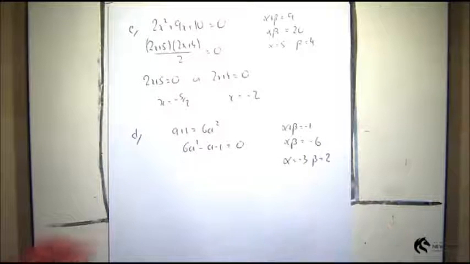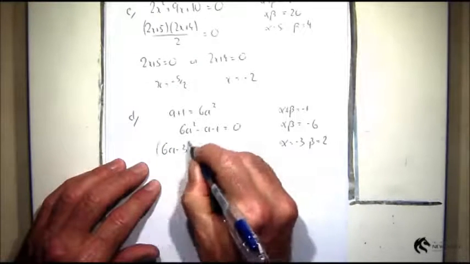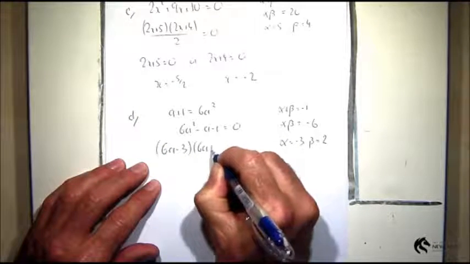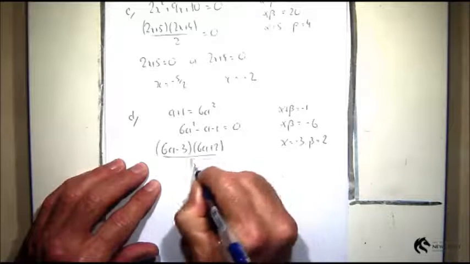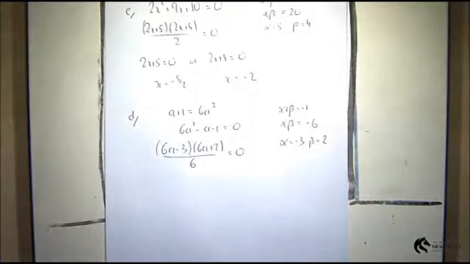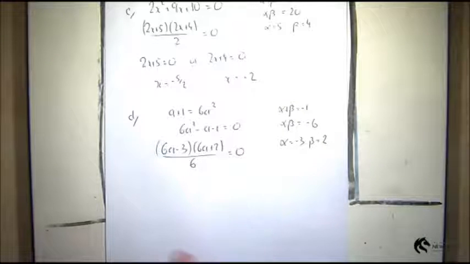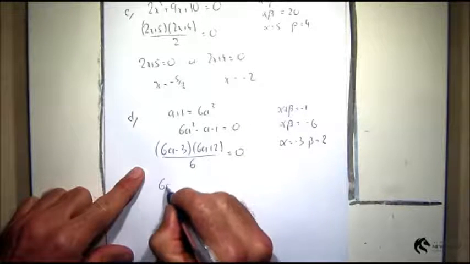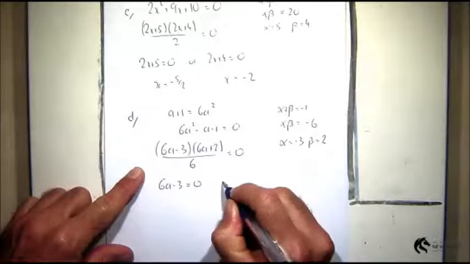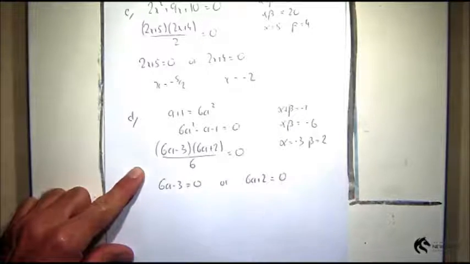So my factorisation will be 6A minus 3 times 6A plus 2 all over 6 is equal to 0. Multiply both sides by 6. 6 times 0 is 0, so I've still got a 0 on the right-hand side. So that says 6A minus 3 is 0, or 6A plus 2 is 0.